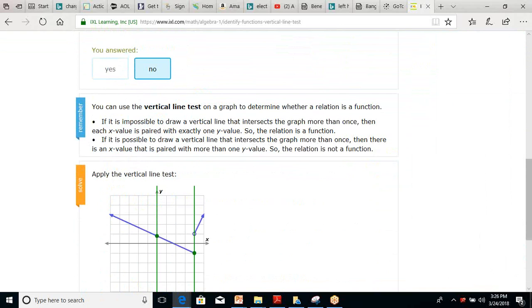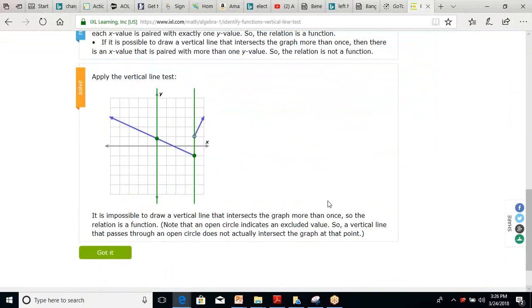When we look at this, so the vertical line, because when you have an open thing there, that means it's probably greater than. Okay, so an open circle indicates an excluded value.